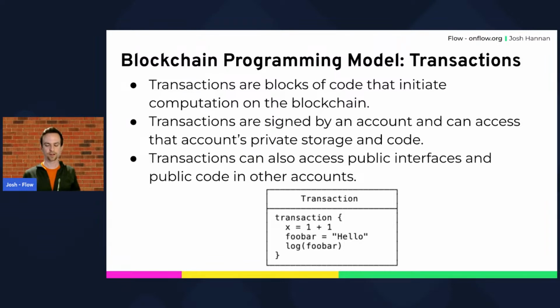Since the ownership of assets is managed in this much more decentralized way, transactions have to be able to do multiple operations in a single transaction, because, for example, they have to withdraw an NFT from an account and then deposit it to another account in order to transfer it, or if they're performing a sale, they can withdraw an NFT from their account, put it up for sale in another account, and do any number of these things.